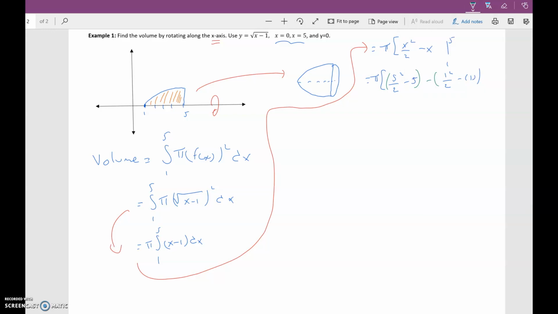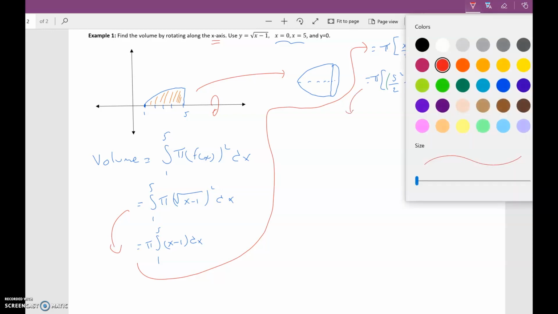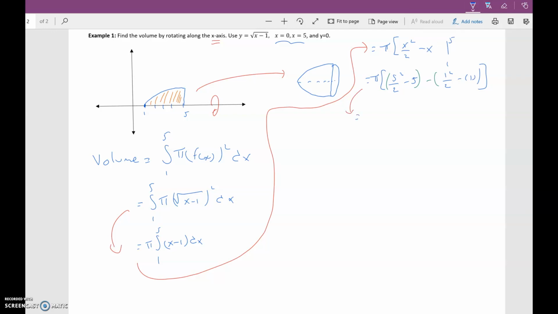We still have the bracket on the outside. Don't forget about the pi. Let me move the calculation here. This is equivalent to pi times 25 halves minus 5 minus, actually, this will be minus a half plus 1.